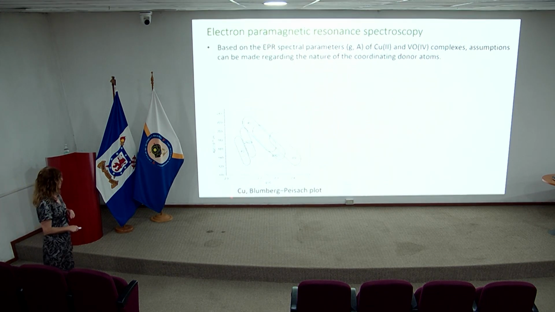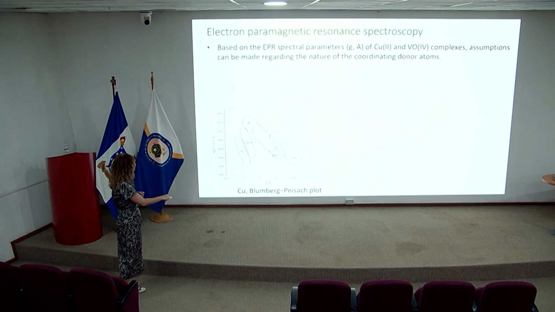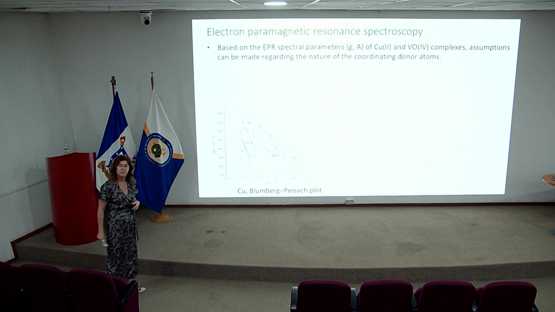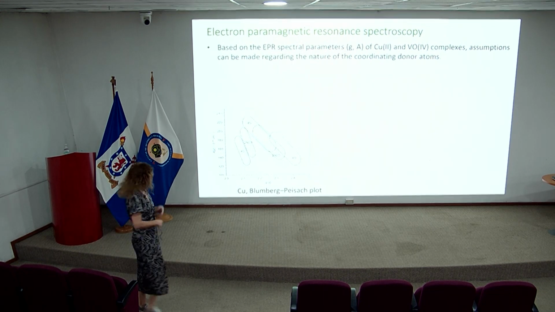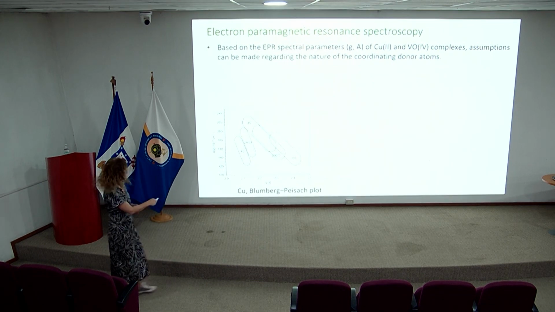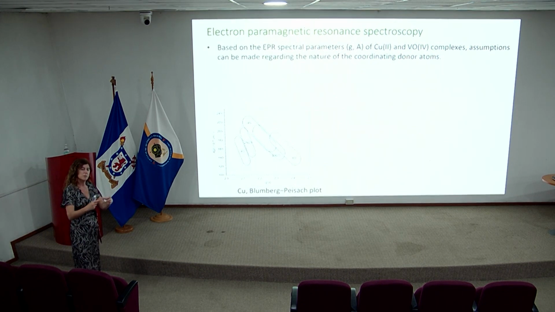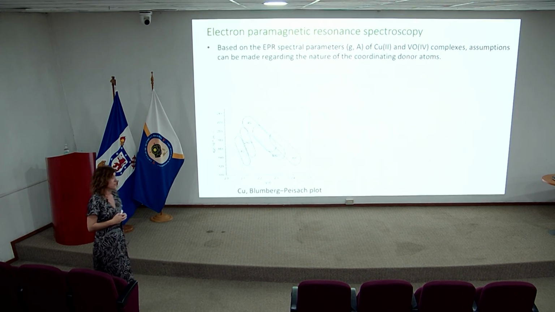Okay, so this is for copper, it's called the Blumberg-Peisach plot, and we can correlate the G value with the hyperfine coupling constants, and you have these regions that tell you that if you have copper coordinated with 4 oxygens, its parameters should lie here in this range. For 2 nitrogens, 2 oxygens, it should be here. For sulfur atoms, here. So this can give you an indication of how the molecule, your ligand, is bound to the metal ion.